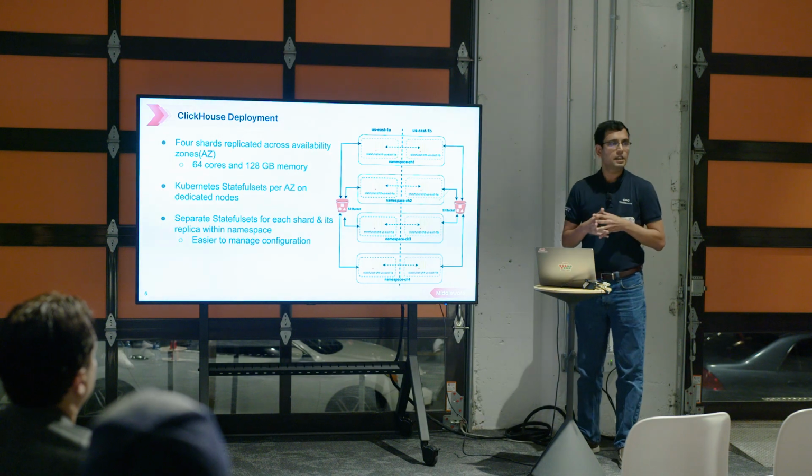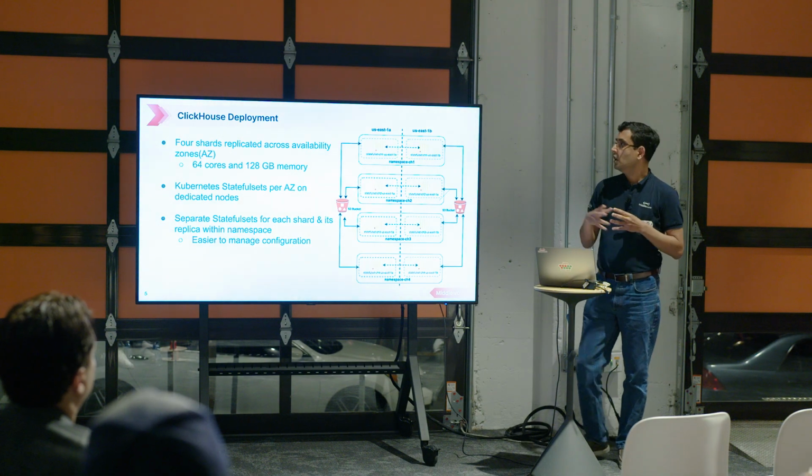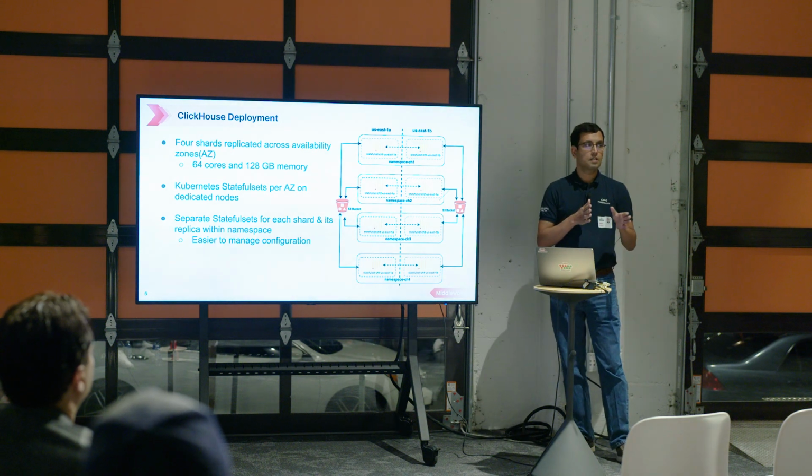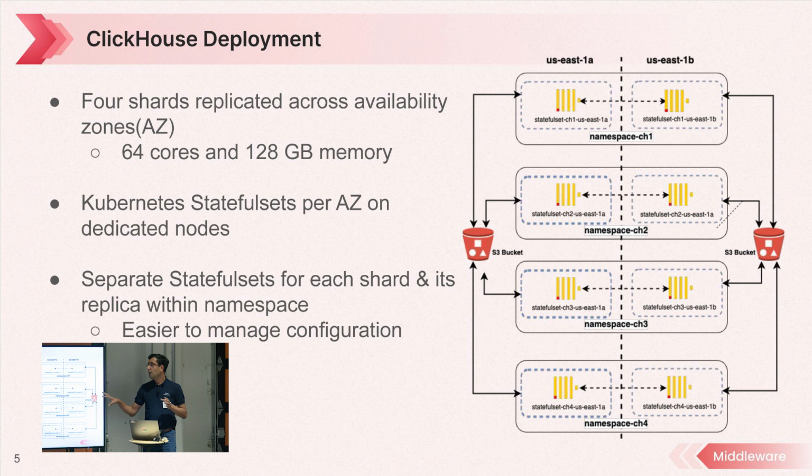So we are a self-hosted ClickHouse. We self-host ClickHouse, and the way we deploy, as I said, everything runs in Kubernetes. For ClickHouse, we run it as a stateful set. Currently, we have 4 shards replicated across 2 availability zones. Each of those machines has 64 cores and 120 gig memory.